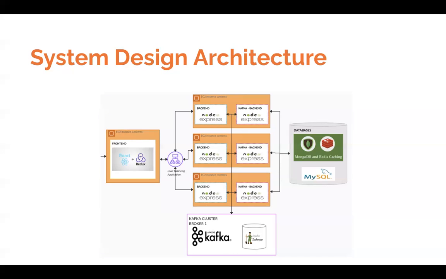In the backend, we are going to use Node along with the Express server, and we are also going to use Kafka as a messaging queue. Along with Kafka, we have Zookeeper. Whenever a request comes, it goes to the load balancer, and the load balancer distributes it to the backend.